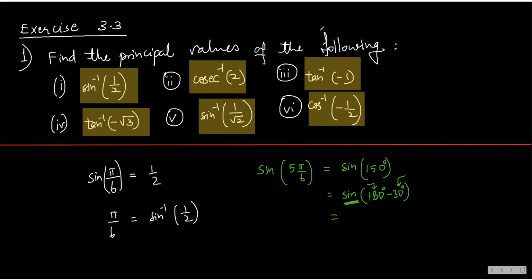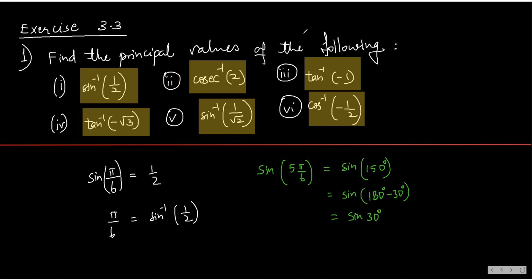This is 2 times 90 degrees, so the ratio will not change and it remains sine, with 30 degrees. Moreover, this is in the second quadrant, and for an angle in the second quadrant, sine is positive. So here it is positive.